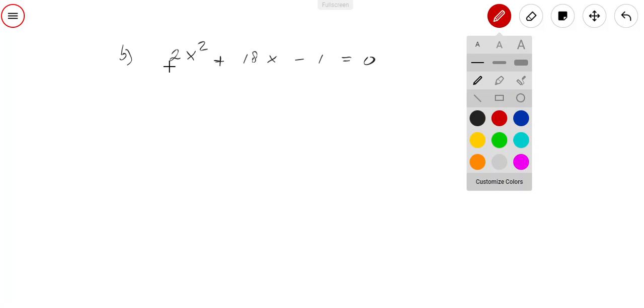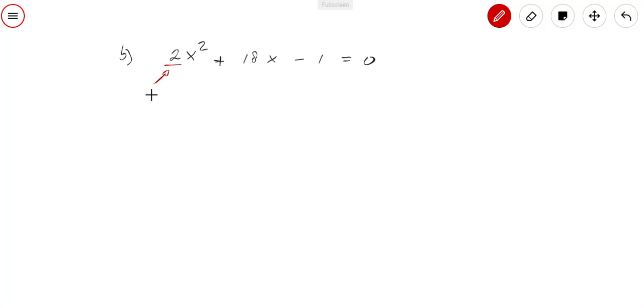Suppose that I have, to solve by completing the square, 2x squared plus 18x minus 1 equals 0. So what is going on here? This first coefficient that we see here is called the leading coefficient.